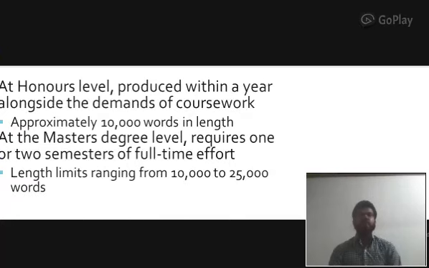And there is one thing that I must clarify here: in the international context, since they have an honors degree of 4 years, it is equivalent to our 16 years of education, where honors becomes equivalent to master's degree in the Pakistani context.